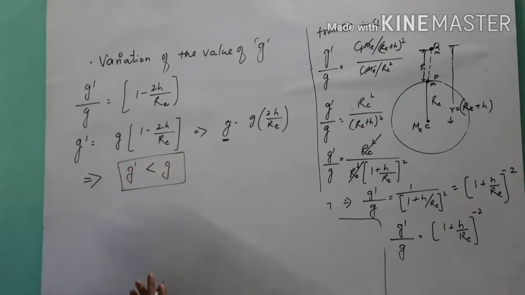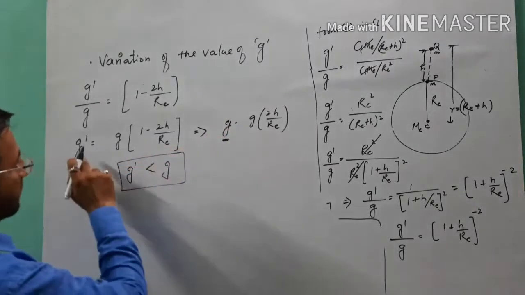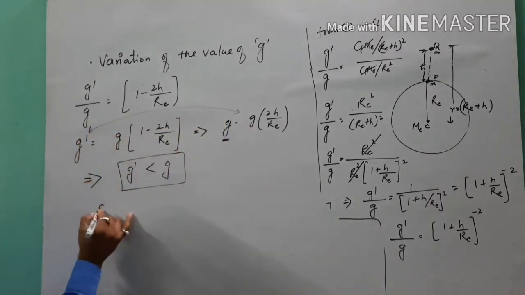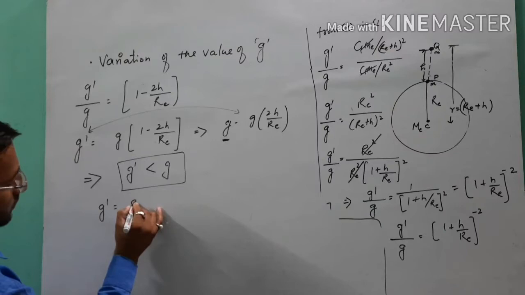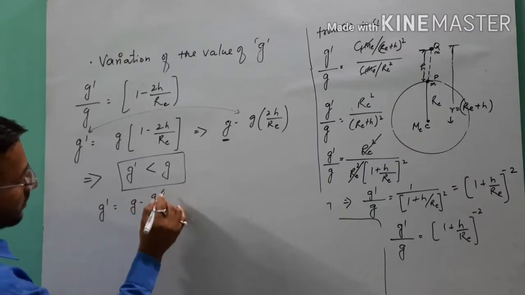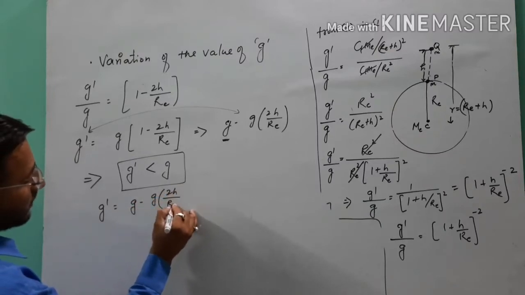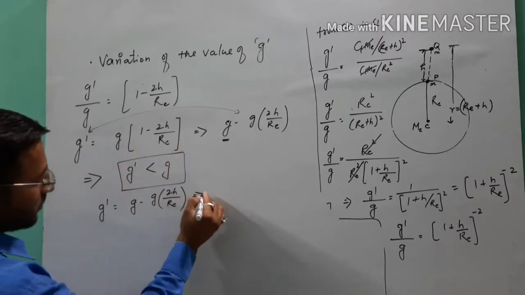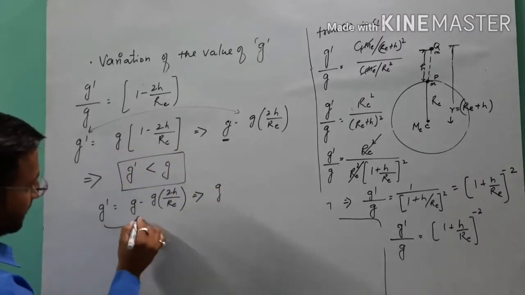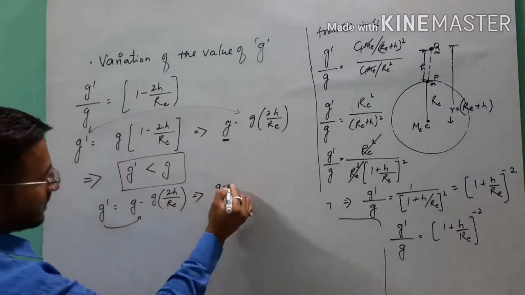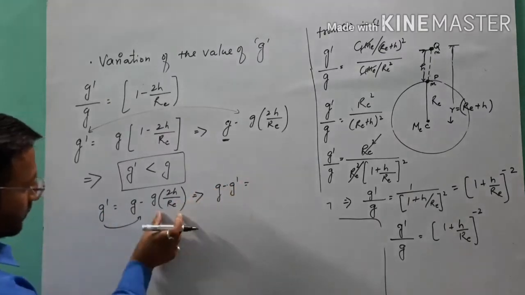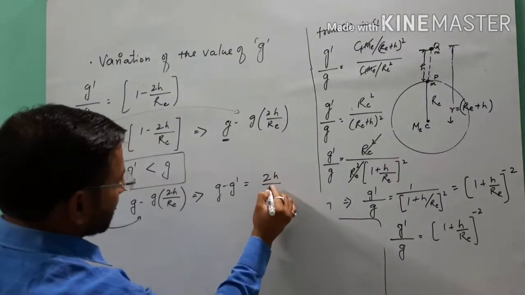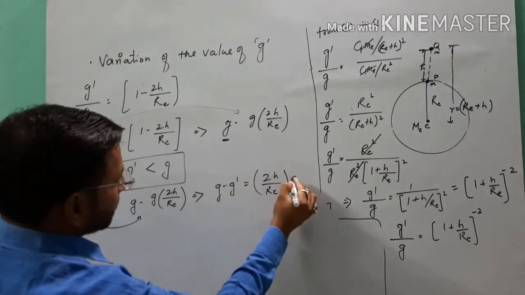And how will it be? What will be the difference here for that condition? So I will use these two in front of you. g dash is equal to, as we know, g minus g times 2h by Re. When we multiply this inside, we can write this difference, g minus g dash, is equal to 2h upon Re times g.